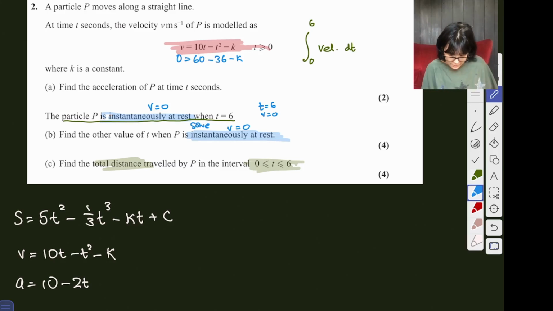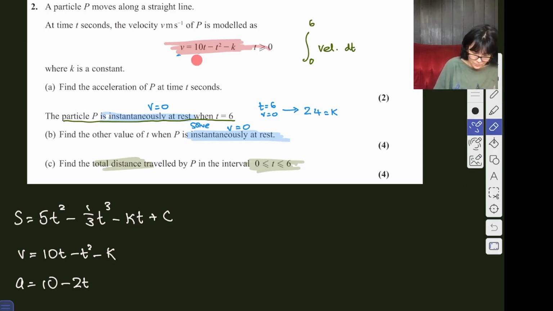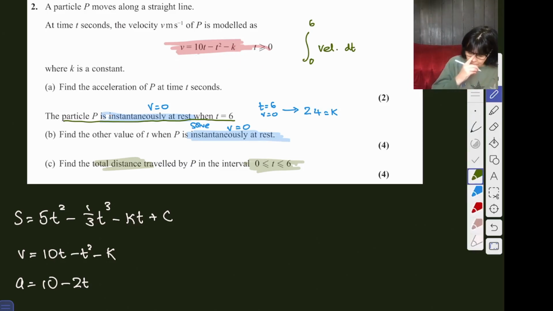Okay, so now that information gave me my k, and now I don't have an unknown anymore because this guy is 24. Right, so I've got a negative quadratic, and the negative quadratic is minus t squared plus 10t minus 24. Let's see if I can factorise that.